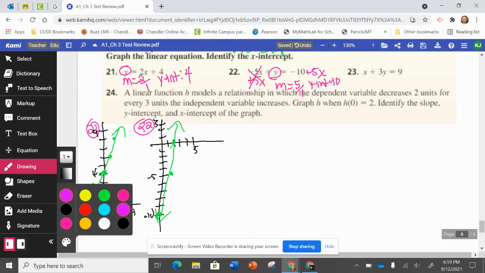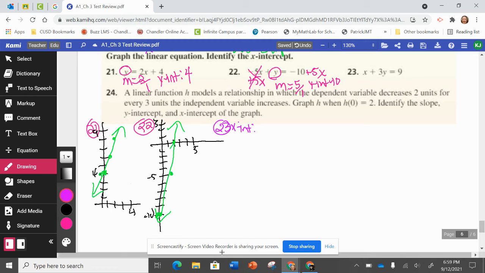Number 23. Again, we can do the work to make this into slope-intercept form. Or what we can do is find our intercepts. So for the x-intercept, we have x plus 3 times 0 is equal to 9. 3 times 0 is 0.